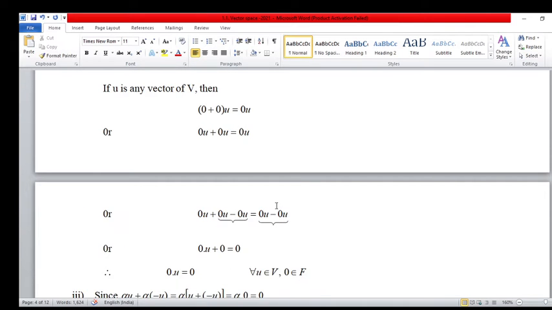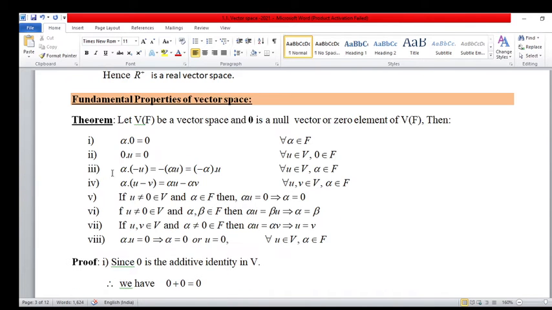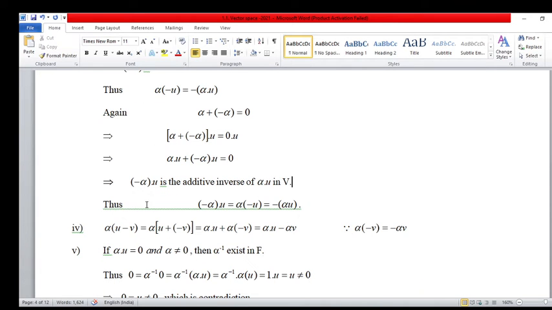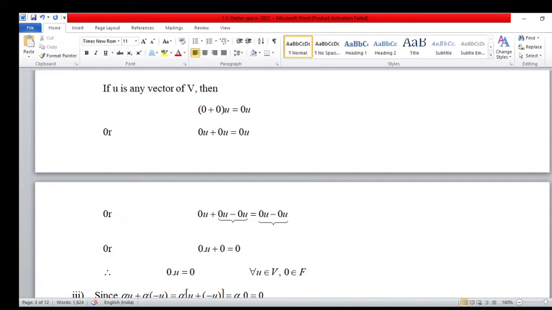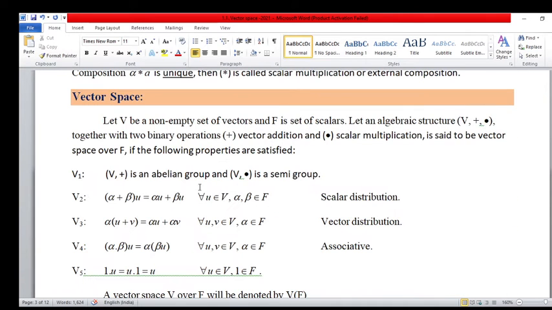Now the fourth condition: alpha u minus v is equal to this condition. The fourth condition is very easy. Alpha u minus v, this minus symbol converted into plus, first vector plus second vector. Alpha into first vector plus second vector means this is the distributive property. This is already shown in our definition: alpha into u plus v is equal to alpha u plus alpha v.